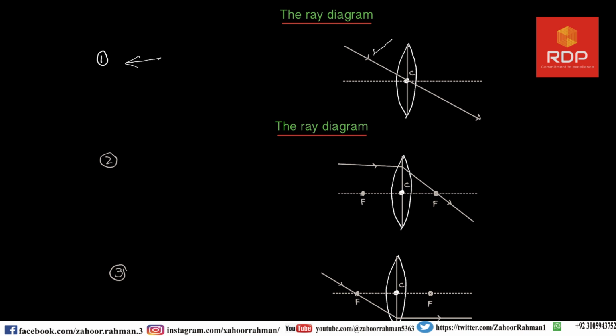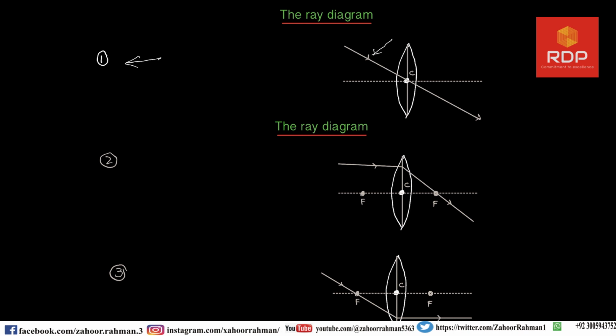This line is passing through the optical center, and that line is passing without any deviation. This dash line is known as the principal axis. So the principal axis is also the ray which is passing the optical center without any deviation. So you have to keep this thing in mind.